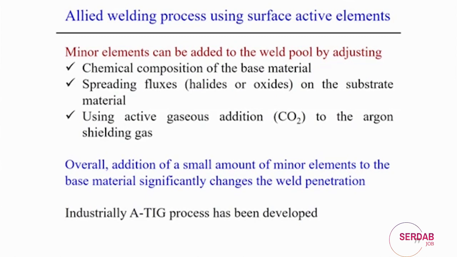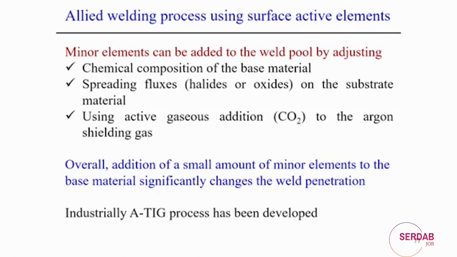And there is another way, directly using these surface active elements with the shielding gas. That is another option. For example, sometimes carbon dioxide gas, CO2, can be used with the argon shielding gas, and here the oxygen can act as a surface active element to alter the shape and size of the weld pool.